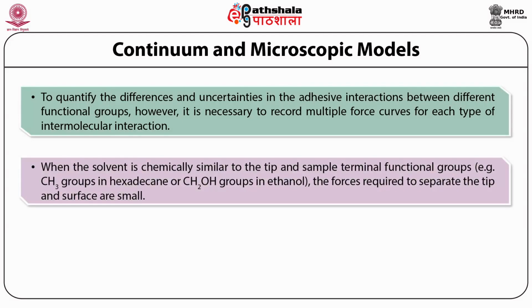When the solvent is chemically similar to the tip and sample terminal functional groups, for example CH3 groups in hexadecane or CH2OH groups in ethanol, the forces required to separate the tip and surface are small, at times very small.